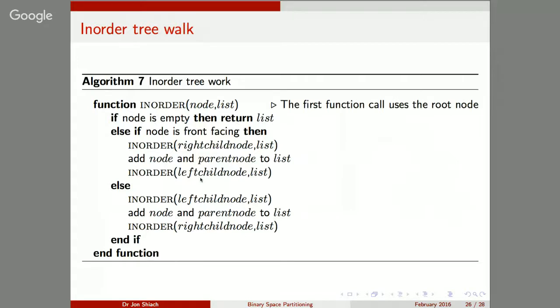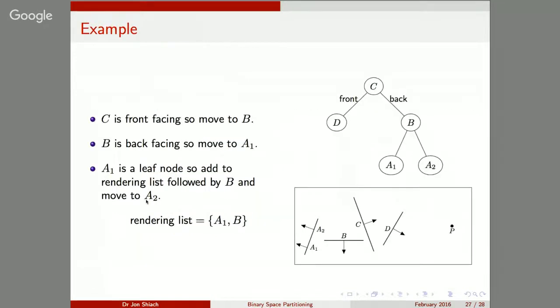Presenting the algorithm in that way is actually harder than doing it in real life. If it's front facing, do this; if it's back facing, just do things in reverse order. So C is front facing.